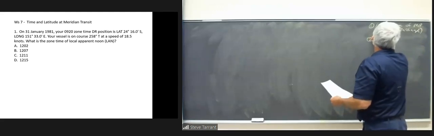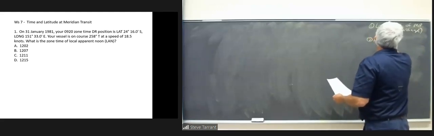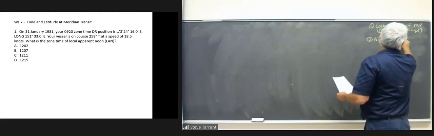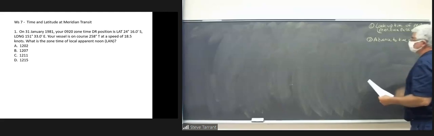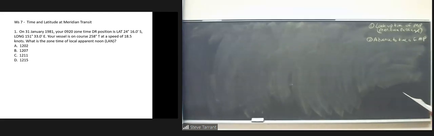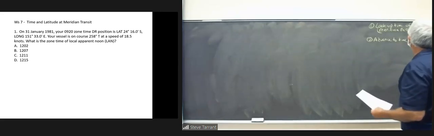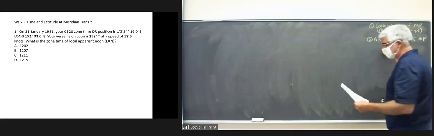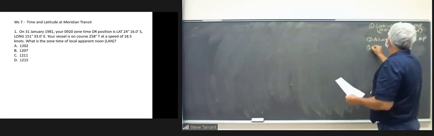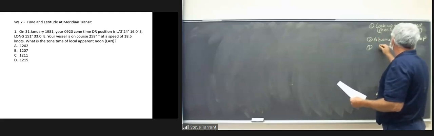Number 2, advance to the time of meridian passage. These are the instructions for the almanac method. So you've got to look up the time of meridian passage, then you advance to the time of meridian passage. Step 3. Hey, this is going to sound familiar.